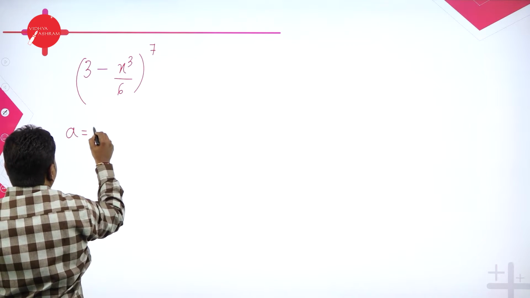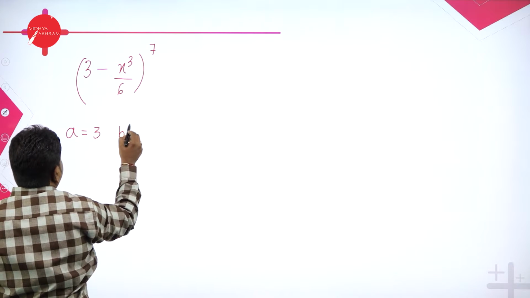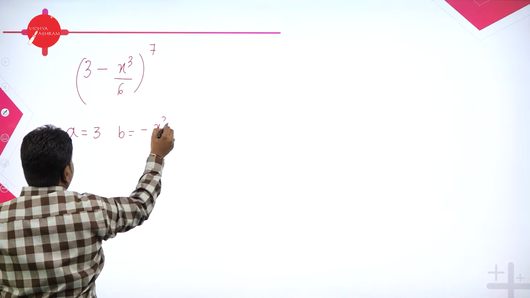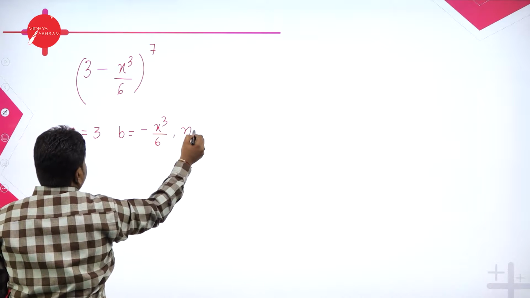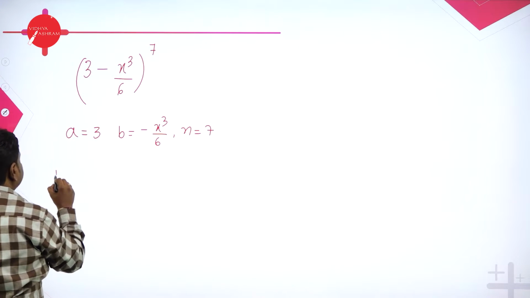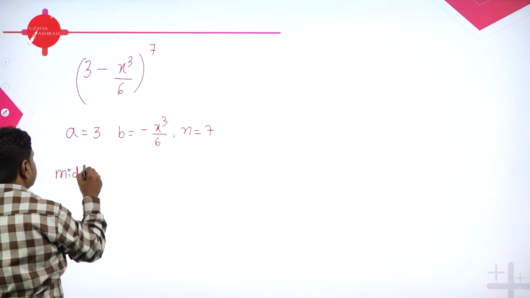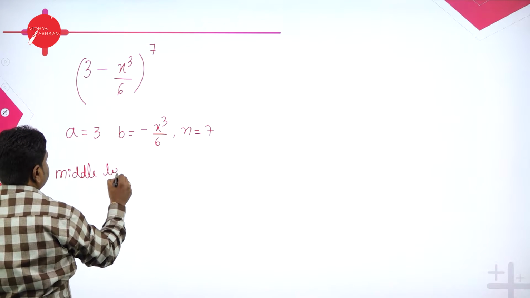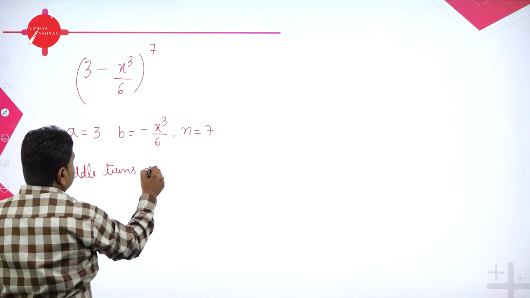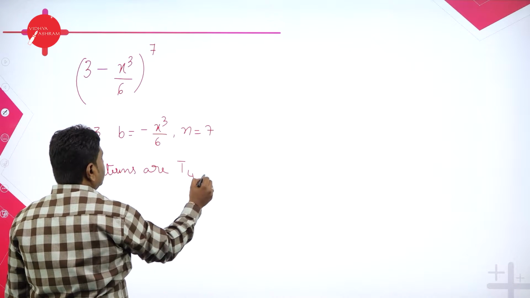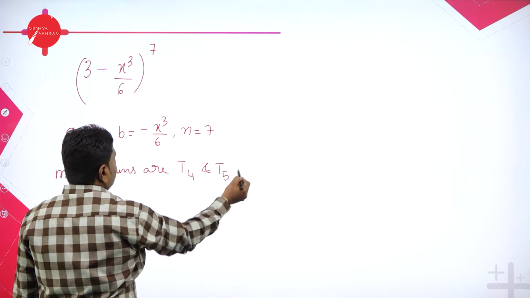A is the first term 3, b is the second term minus x cube by 6, n is 7, and middle terms just now we got. What are the middle terms? Middle terms are T4 and T5, 4th and 5th.